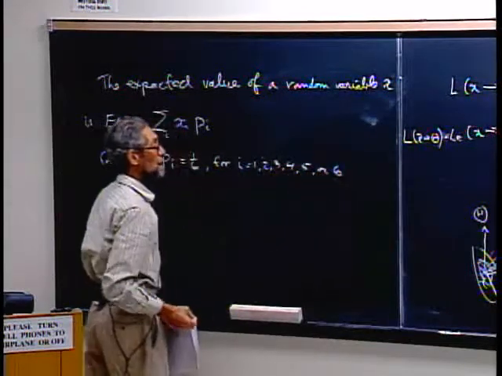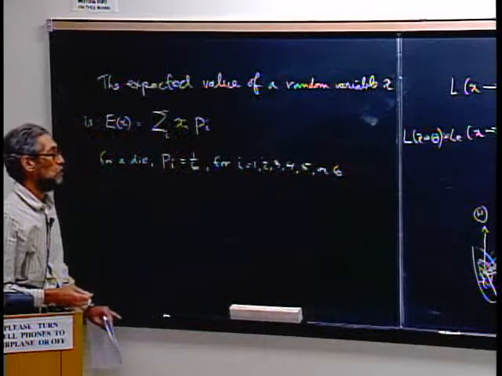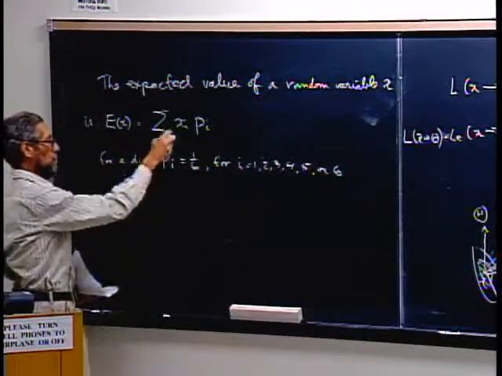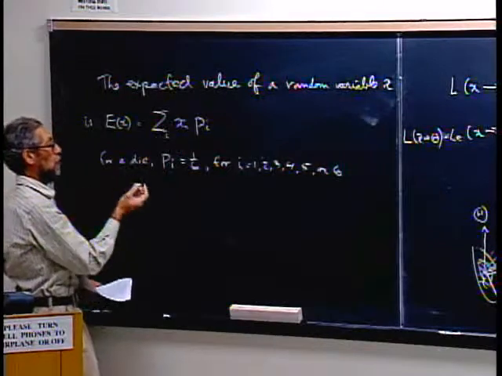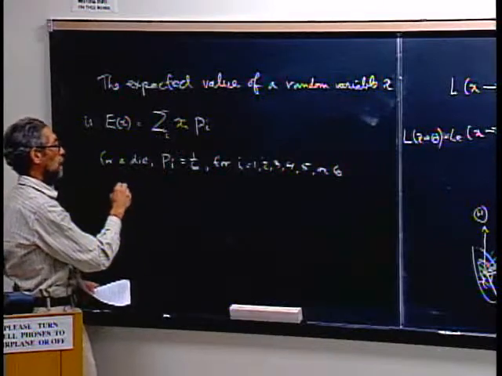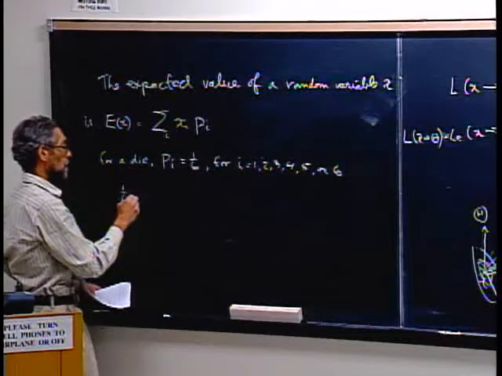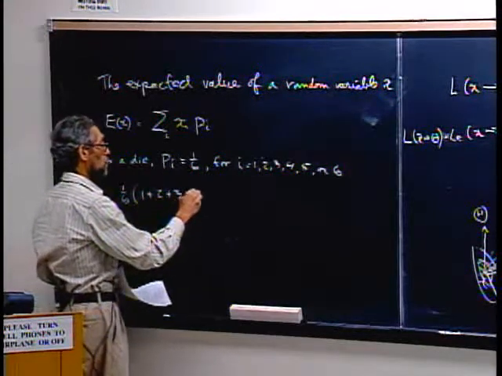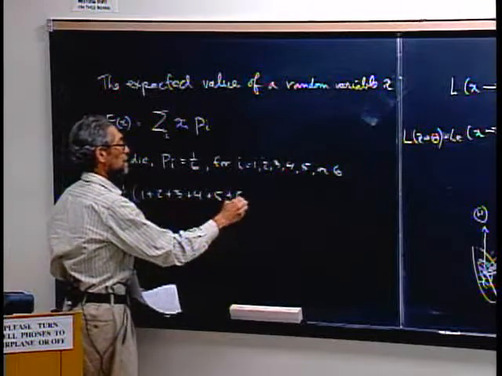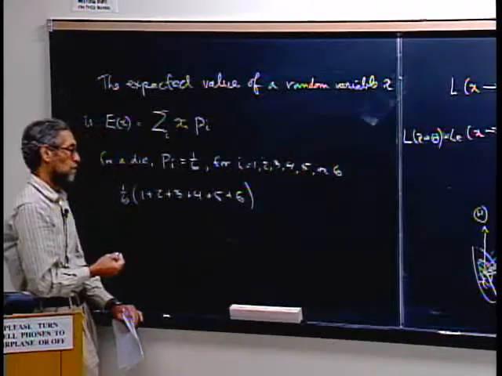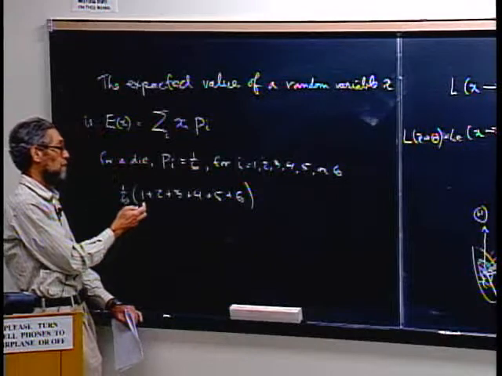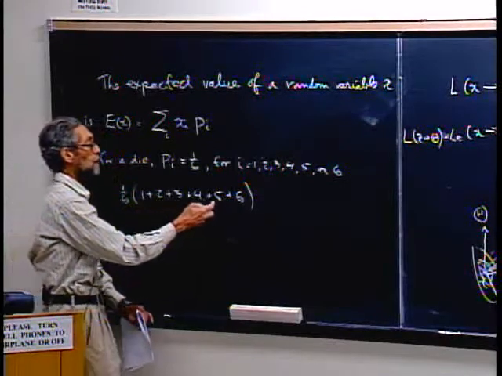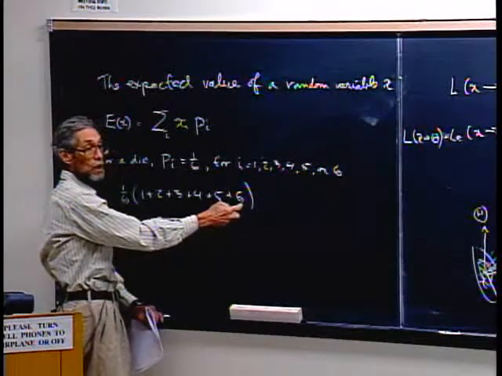Those are my 6 possible values of the random variable, 6 possible outcomes if I look at just what number comes up. And so it's going to be 1/6 times each of them, 1 plus 2 plus 3 plus 4 plus 5 plus 6. There's a formula for adding the first 6 consecutive numbers, but for this many, it's just easier to add them. 1 and 2 is 3, and 3 is 6, and 4 is 10, and 5 is 15, and 6 is 21.